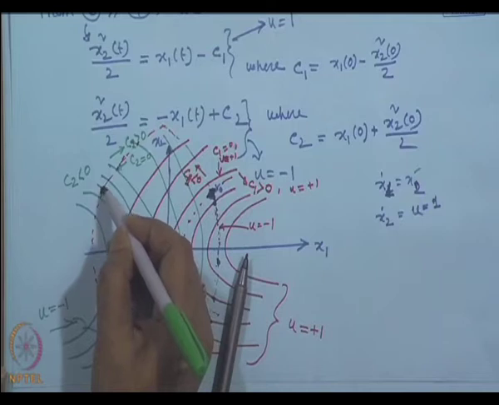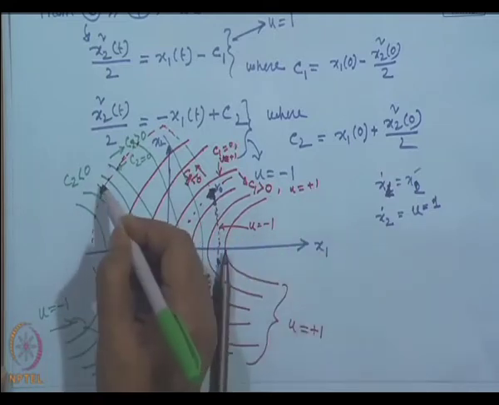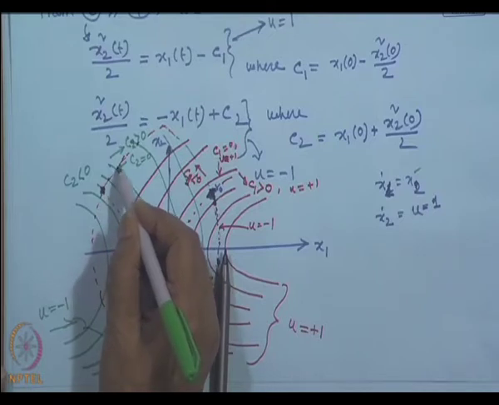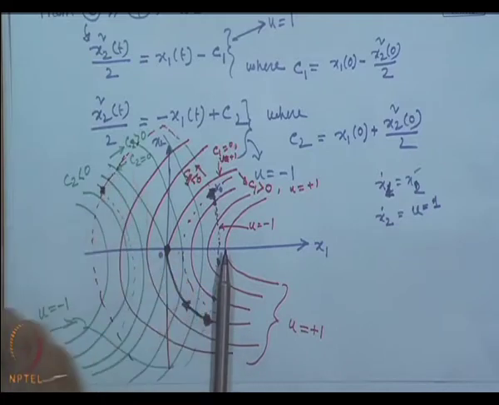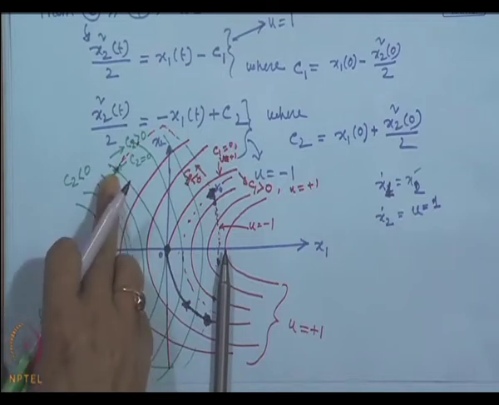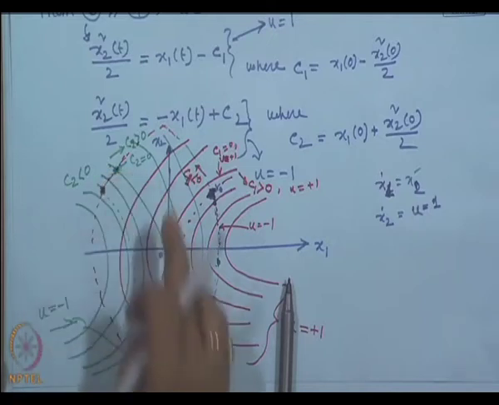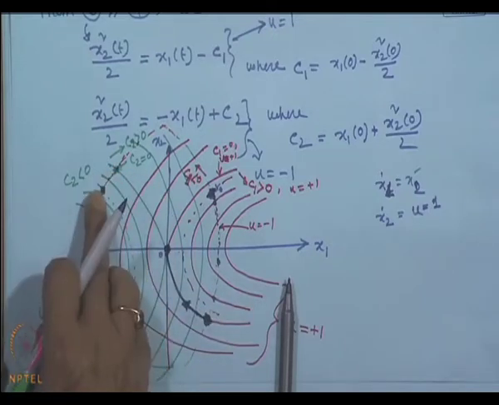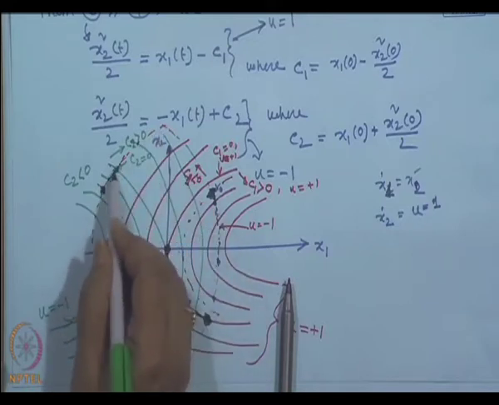Suppose it follows the red parabola, that means u is equal to plus 1, and the x value is increasing. When it hits here, the u value is negative. But at this moment the u value was positive. When it hits here, the u value is negative.